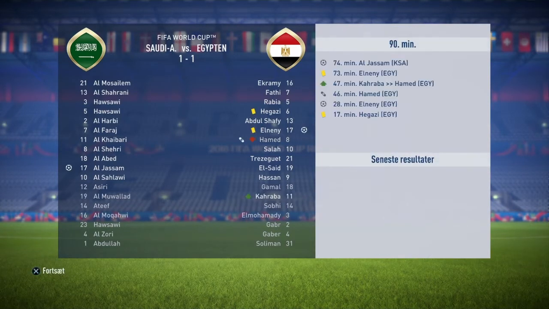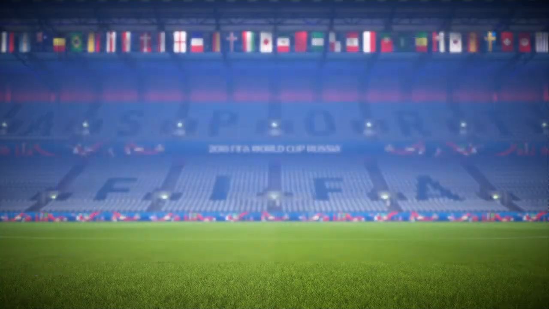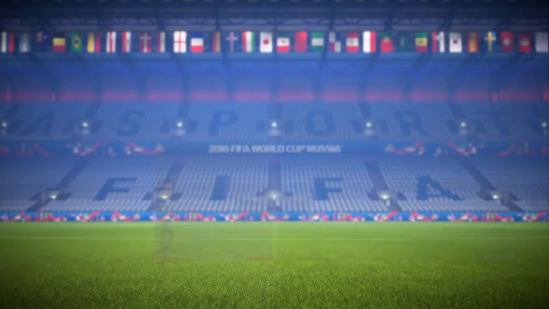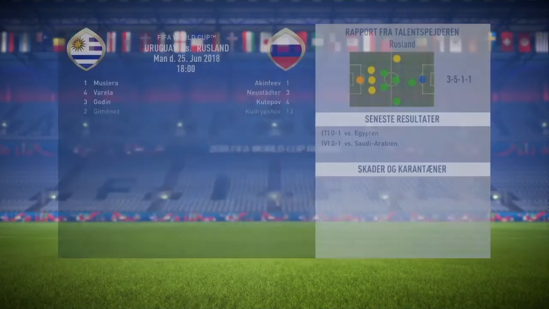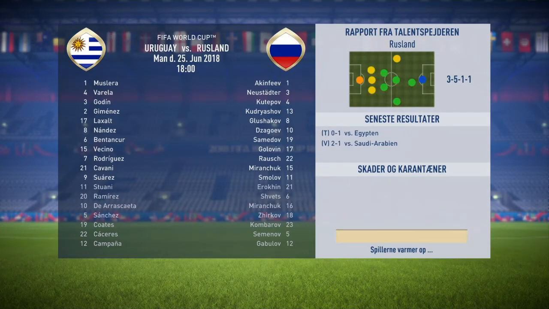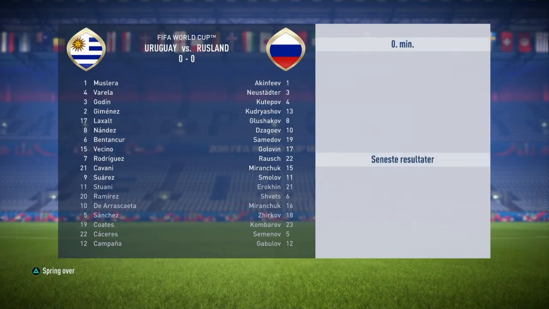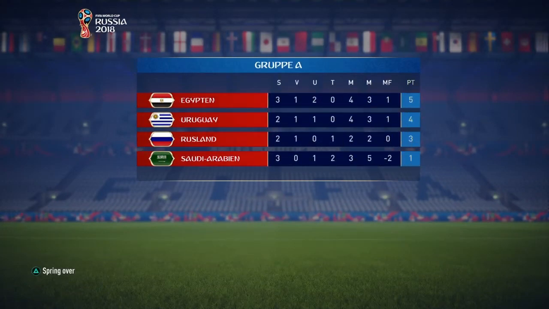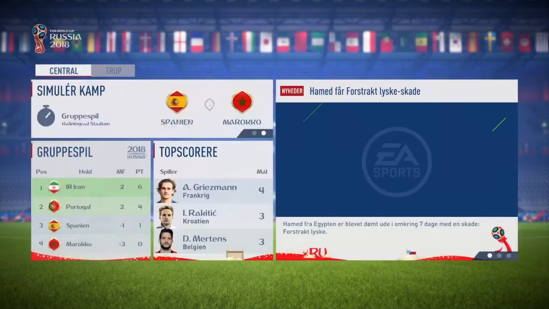Let's see what this game will be. 1-1 between Saudi Arabia and Egypt, and that means that if Russia wins over Uruguay, Uruguay will go out. I think Egypt is through with that point. And here Uruguay wins 1-0 over Russia. So in the first group, it will be Uruguay and Egypt going through. The host nation, Russia, will go out.